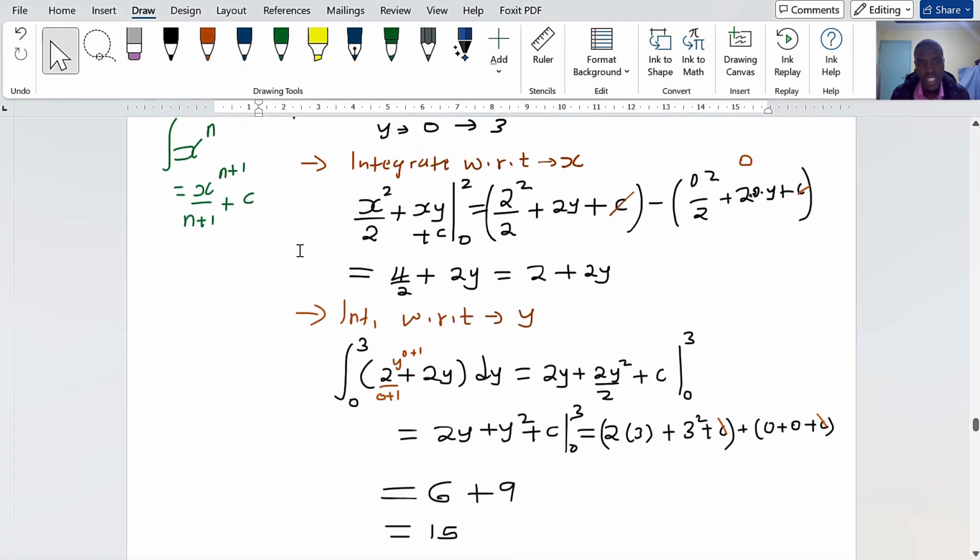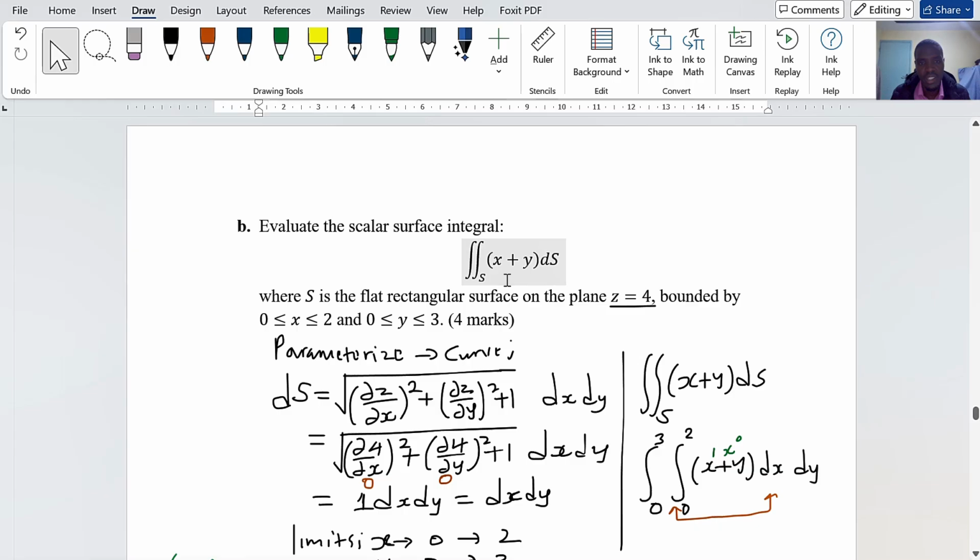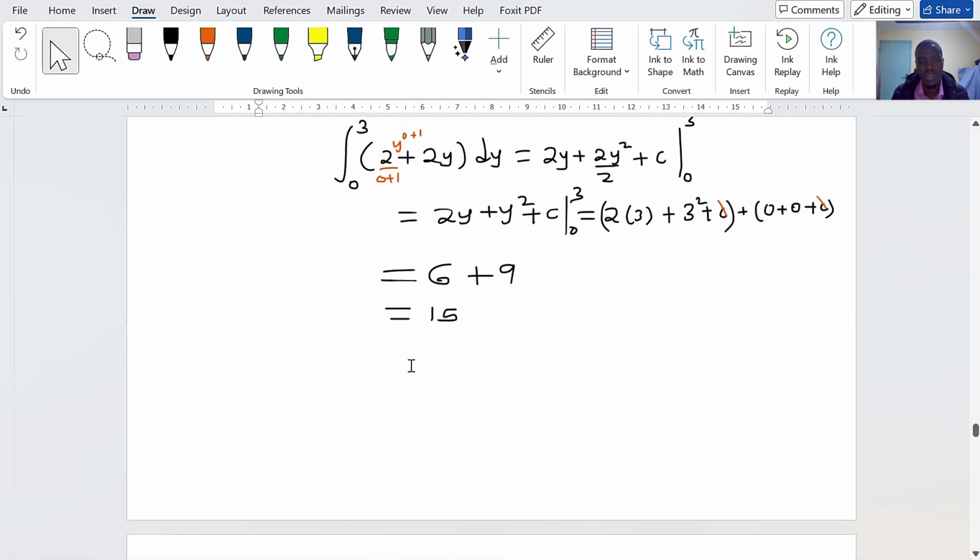So that is the answer for the surface integral of x plus y, where S is a flat rectangular surface on the plane z equals 4, bounded by 0 less than or equal to x less than or equal to 2, then 0 less than or equal to y less than or equal to 3. And this gives you 15.